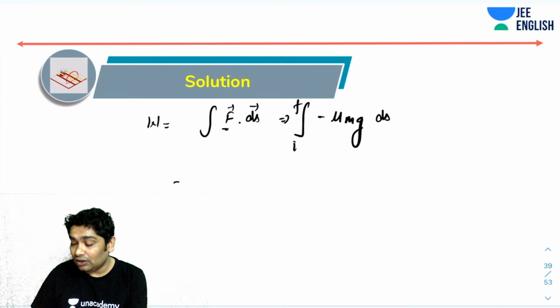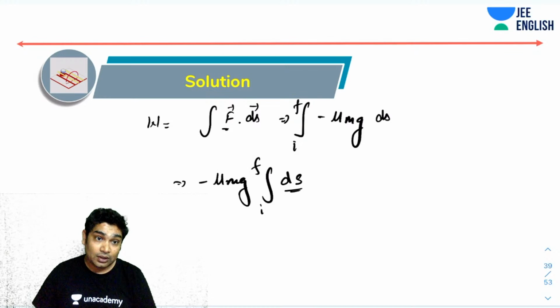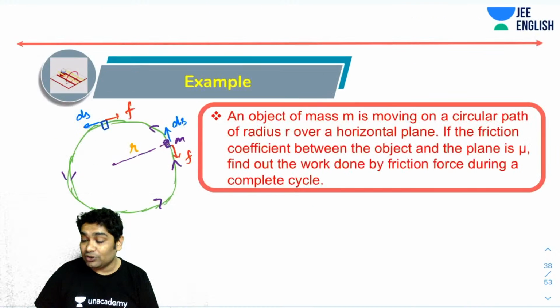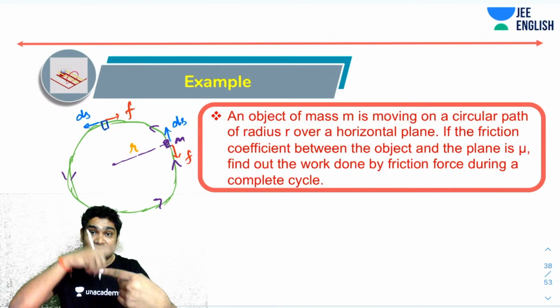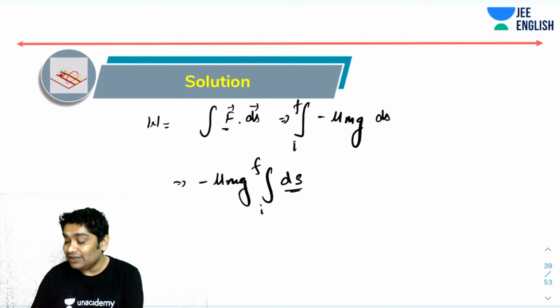So if you take out minus mu mg out of the equation, you have integral of ds. Now integral of ds is nothing but the distance traveled between the initial and the final position. Between the initial and the final position, it has completed one full circle. The distance traveled would be 2 pi r. So the answer is minus 2 pi r times mu m.